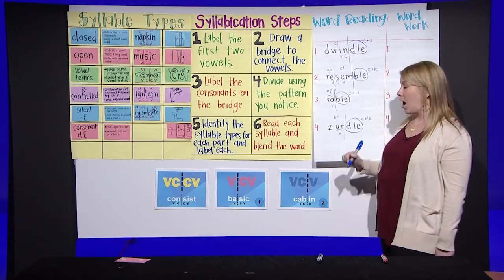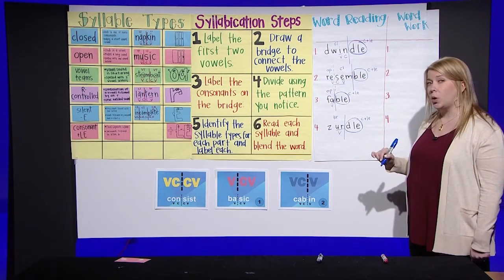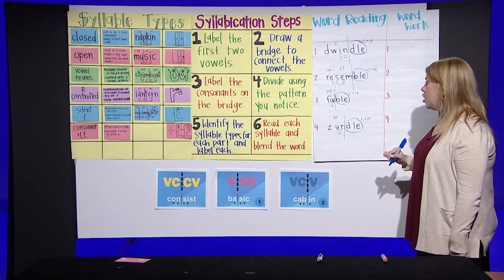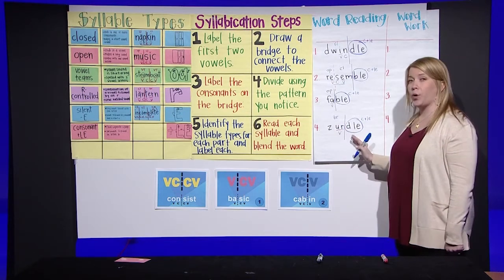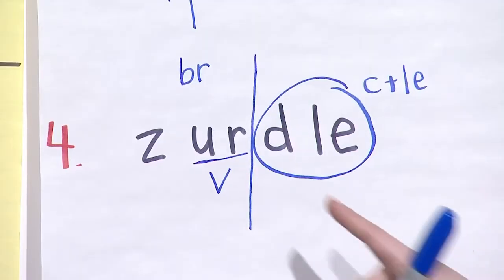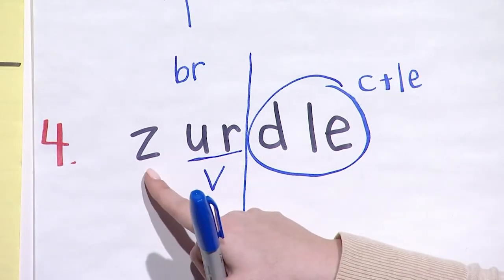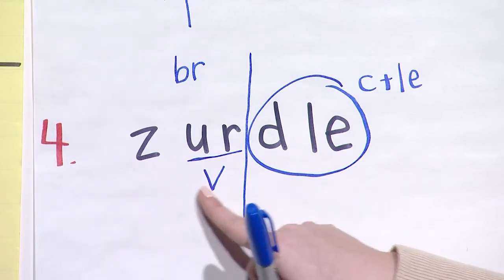I almost forgot. Our last step says to read each syllable and blend the word. So let's try to read each word part and blend it together. Are you ready? Okay. Z, zer.